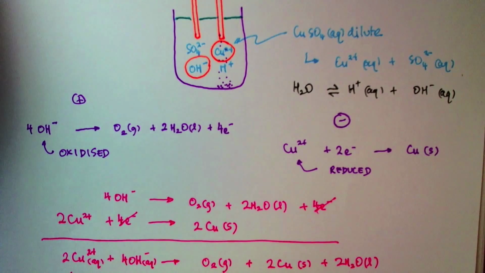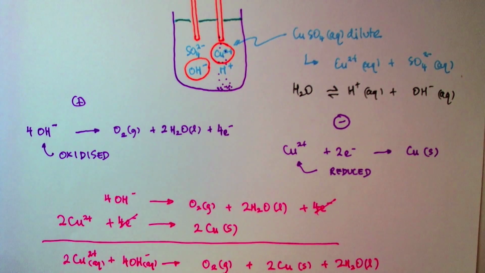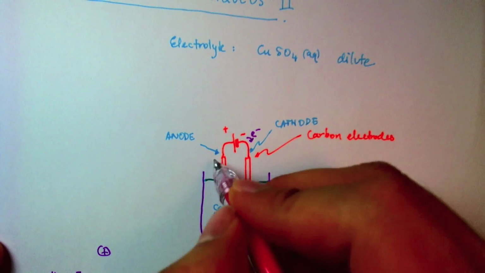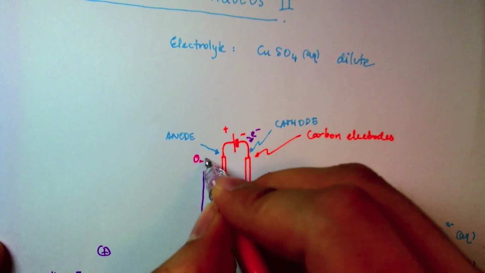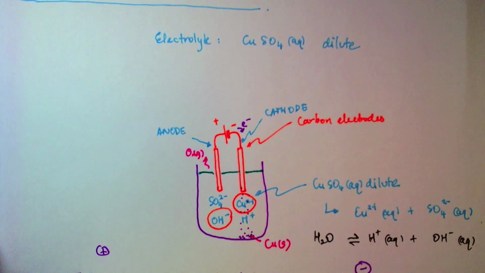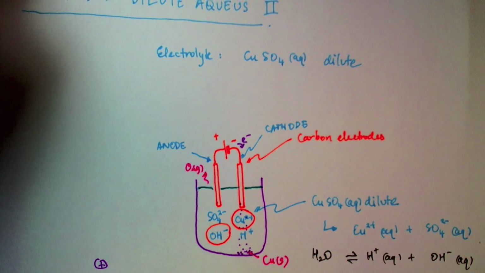Just to show this in the diagram, I have oxygen gas being released at the anode, and solid copper forming at the bottom of the beaker just below the cathode.